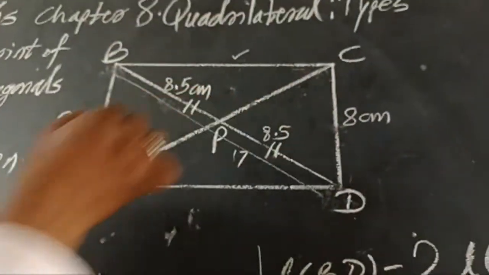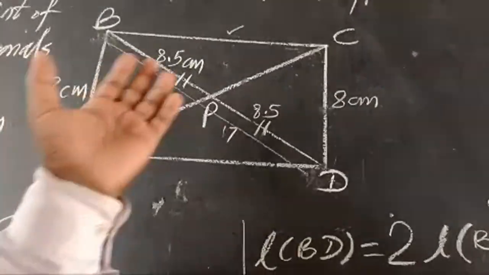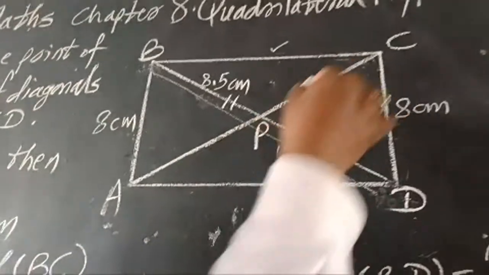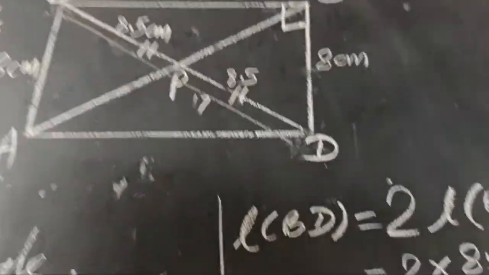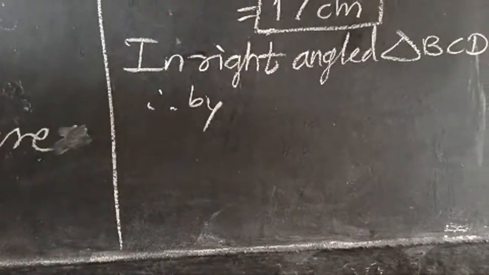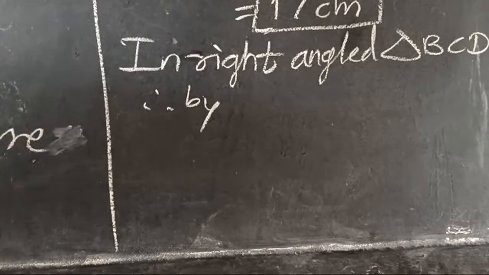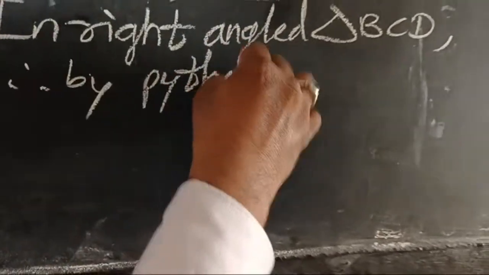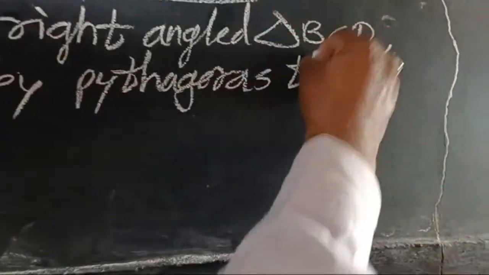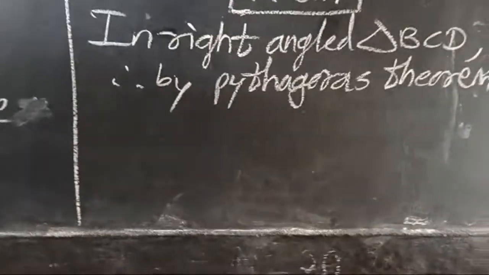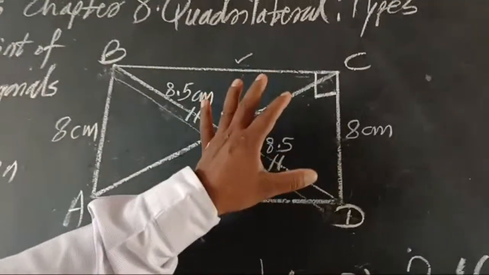Which angle is 90 degree in that triangle? Yes, angle C is 90 degree. Therefore, by the Pythagoras theorem. What is the Pythagoras theorem?